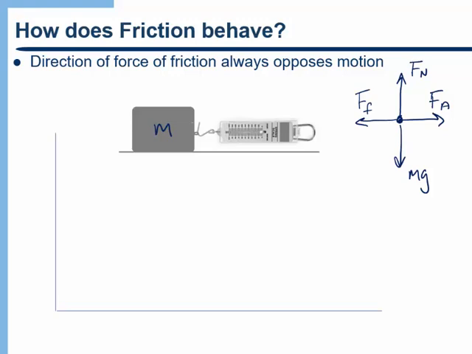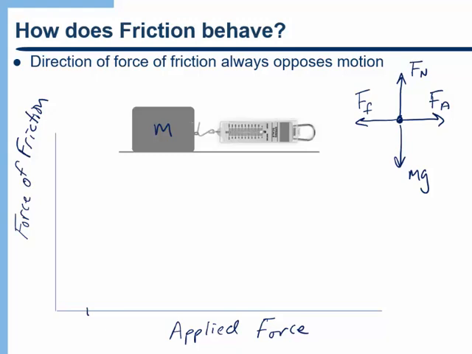And in fact, what we want to do is think about the following graph. Let's graph force of friction versus the applied force. If I just pull a little bit on the block with my spring scale, the block isn't going to move yet.